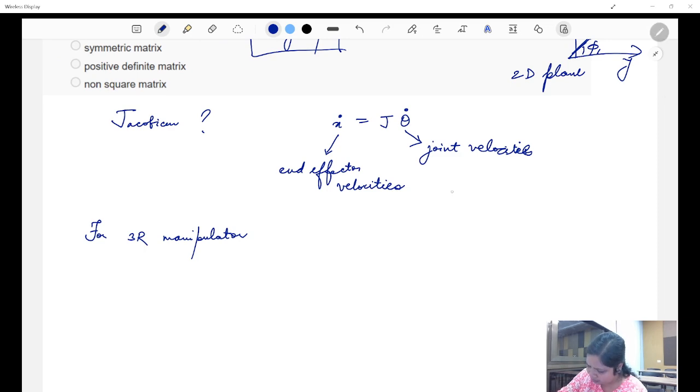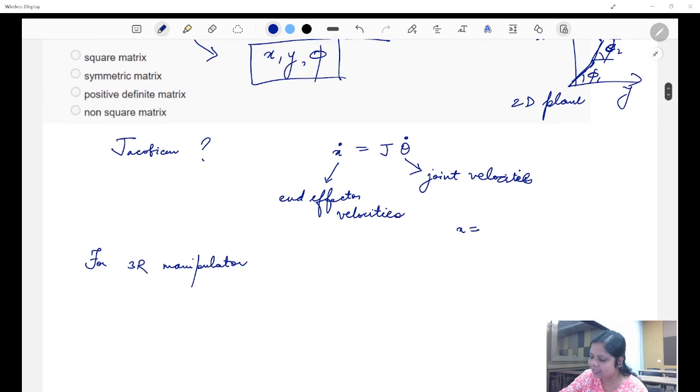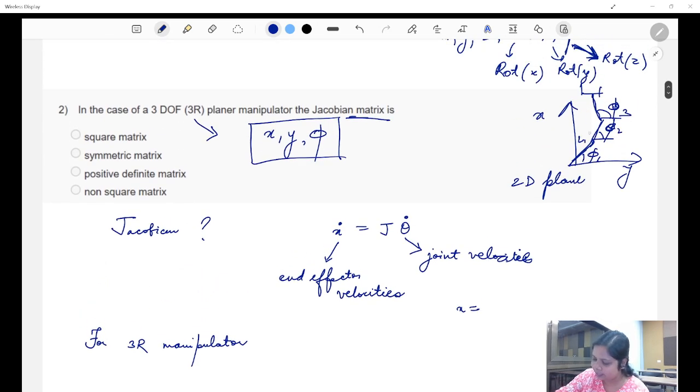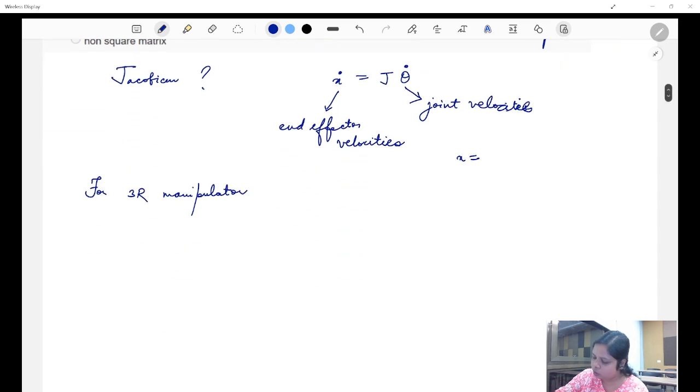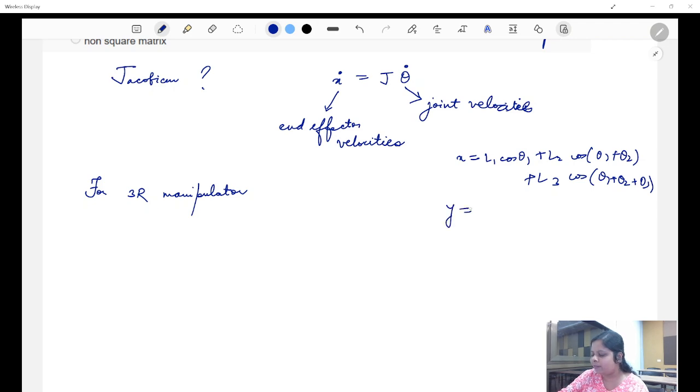So you know from this very well, right, that x is equal to, let's say the first link length is L1, L2 and L3. So L1 cos theta 1 plus L2 cos of theta 1 plus theta 2 plus L3 cos of theta 1 plus theta 2 plus theta 3. This is already something you know. Y will be same, just take sine. Right? We have already done this.